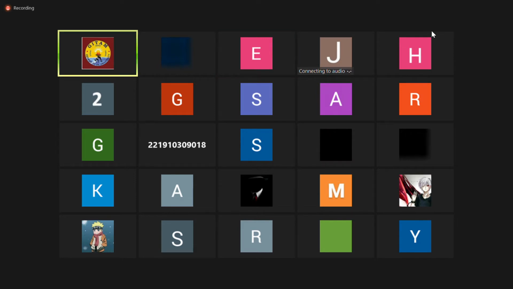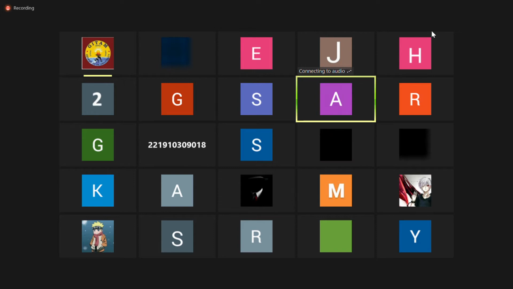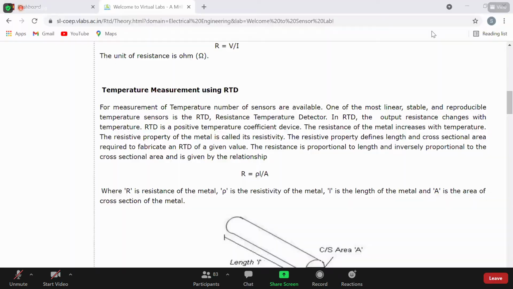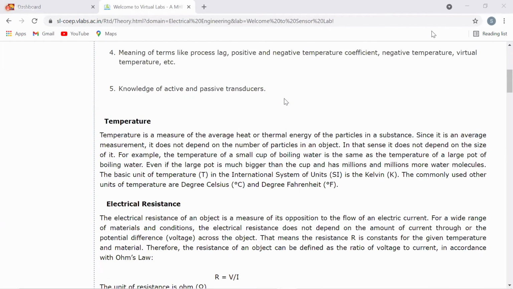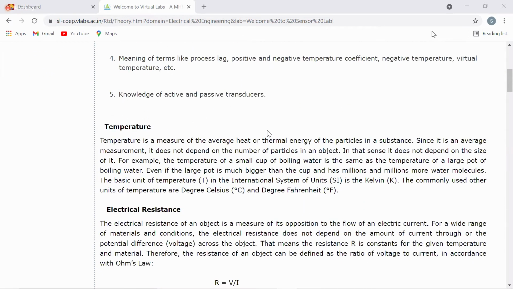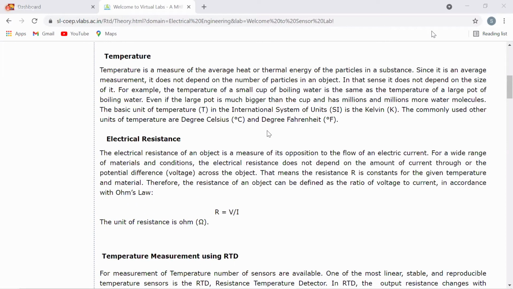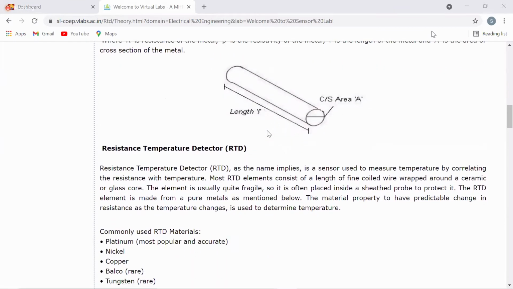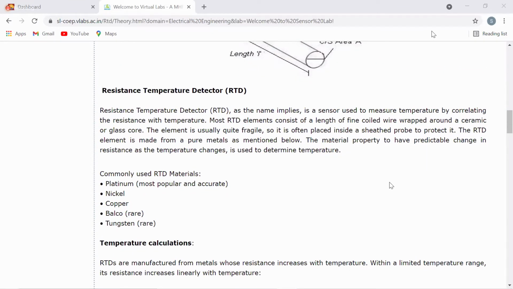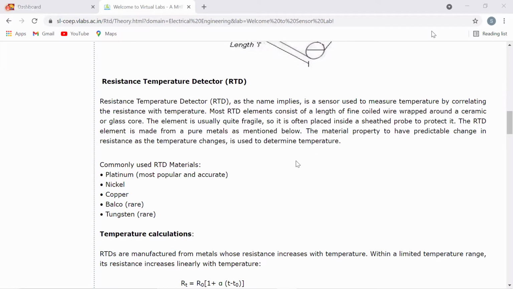CSC 5, roll number 1. Yes, sir. Can you share your screen? Yes, sir. Scroll down. What are the different materials we use in RTD?